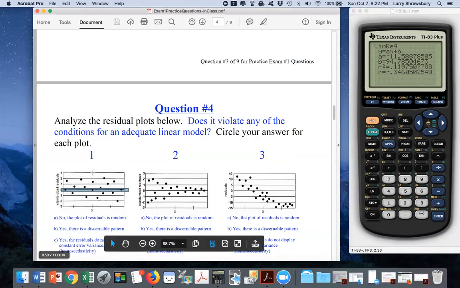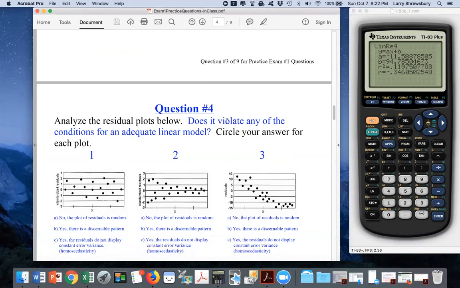And so you can see 3 different patterns, and you're going to answer the questions. Does that particular residual plot violate any of the conditions for an adequate linear model? In other words, is there a problem with that residual plot? And you've got 3 possible answers.